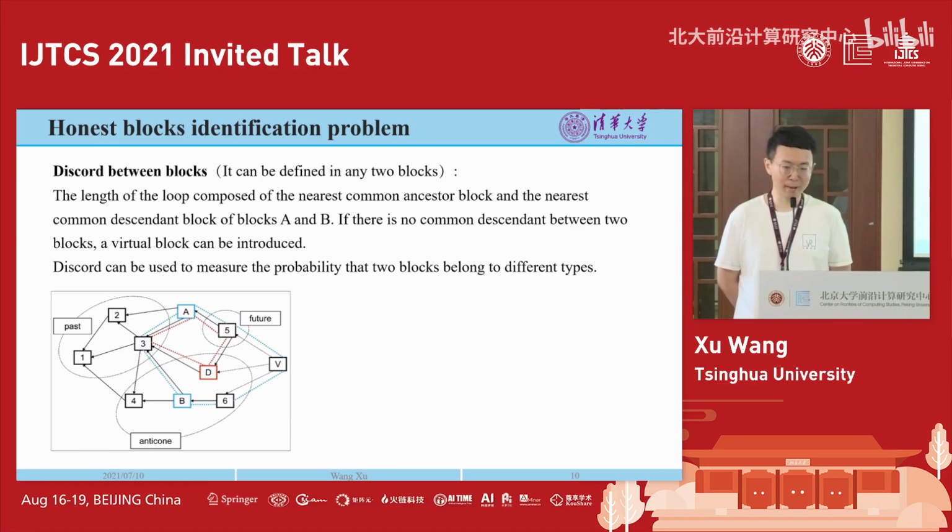Discord can be used to measure the probability that 2 blocks belong to different types. Through research, we found that the discord between honest blocks is quite small, but the discord between an honest block and a dishonest block is quite large, so we can use this method to identify the honest blocks.